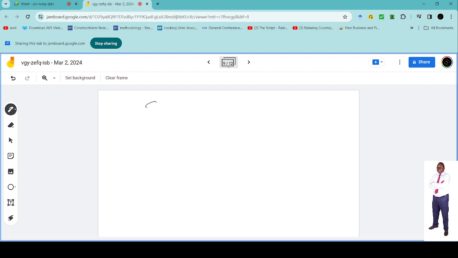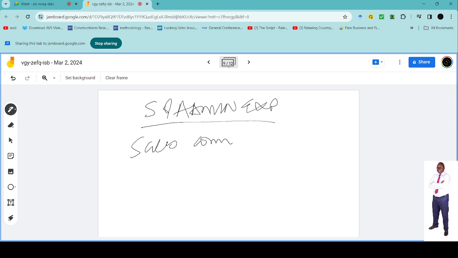They had the following selling and admin expenses. We have a sales commission, and the figure there is 250,000. We have general expenses, and the figure there is 160,000.